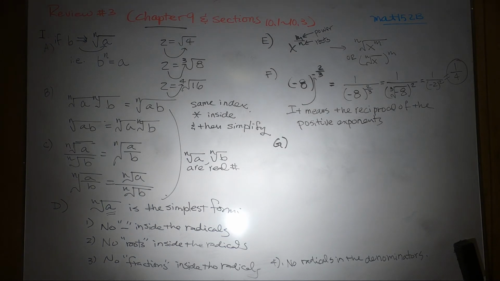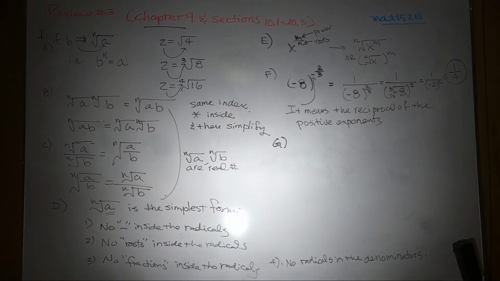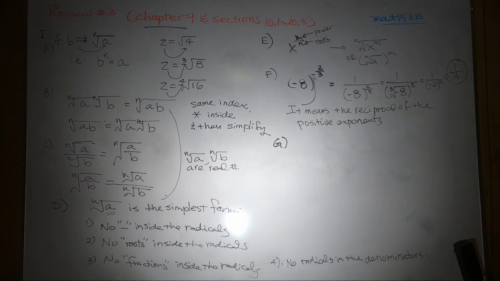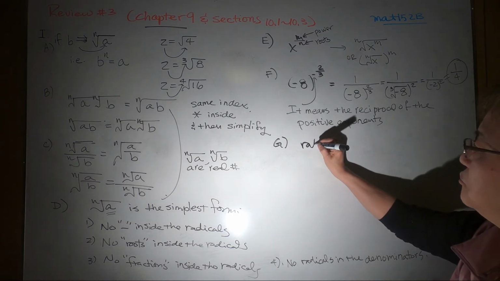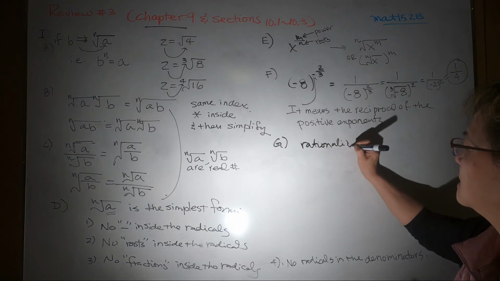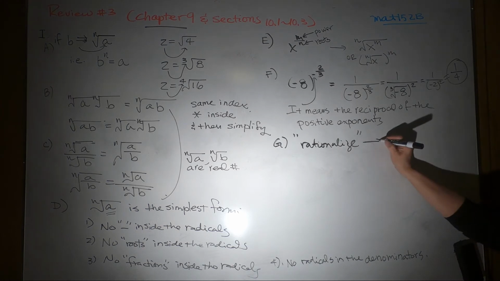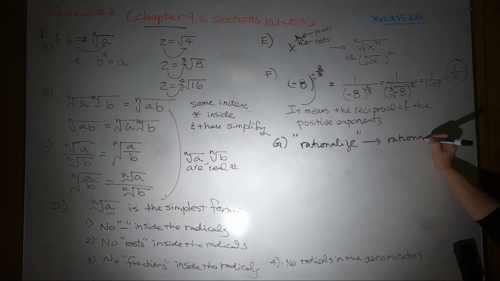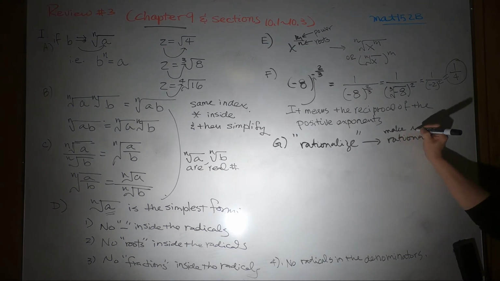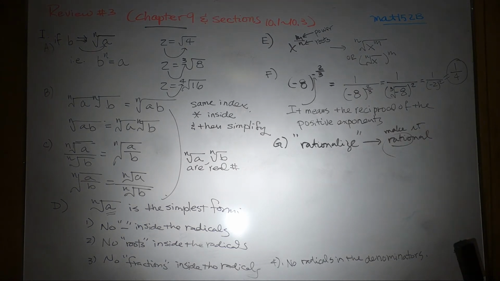Another terminology we have used, okay, on your page 2. What does it mean to rationalize a denominator? Rationalize means what? It's like a ratio, make it fraction style. But when we have fraction style, we cannot have radicals in a denominator.